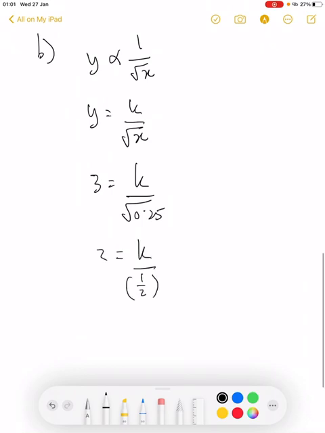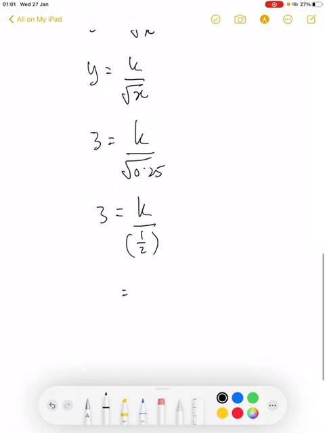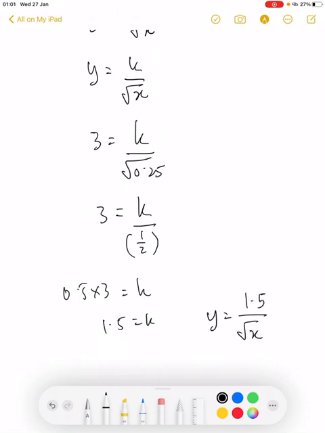So k is 0.5 times 3, which is 1.5. So y equals 1.5 divided by the square root of x. Okay, so that's example 17 and 18.